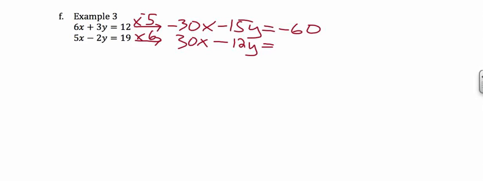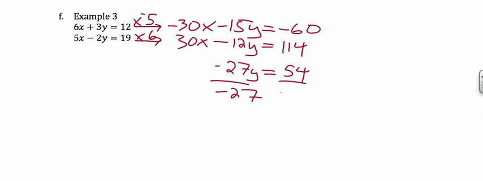And 19 times 6 is 114. Okay, so over here we get 54. Over here we get negative 27y, and our x's cancel out. Divide by negative 27. We get y is equal to negative 2.